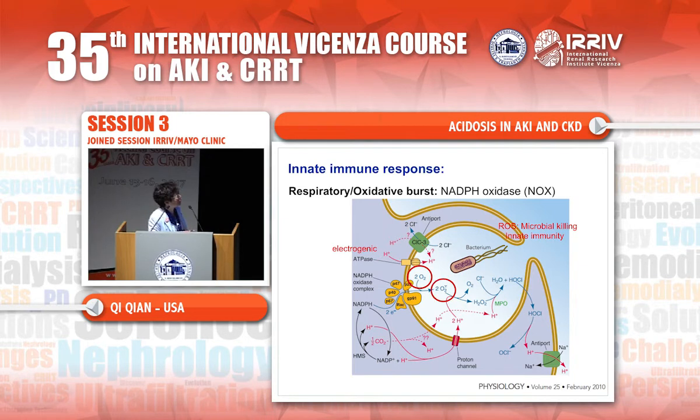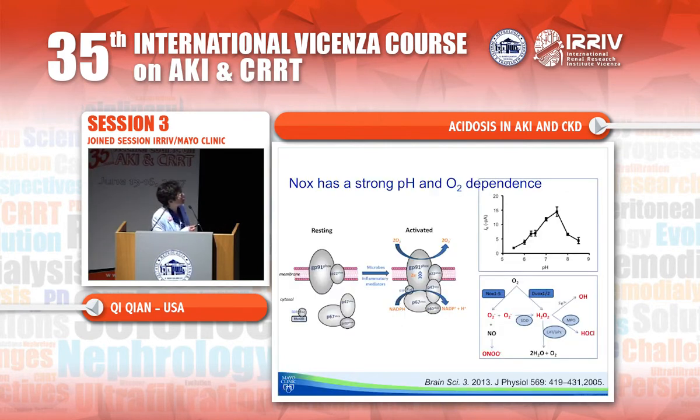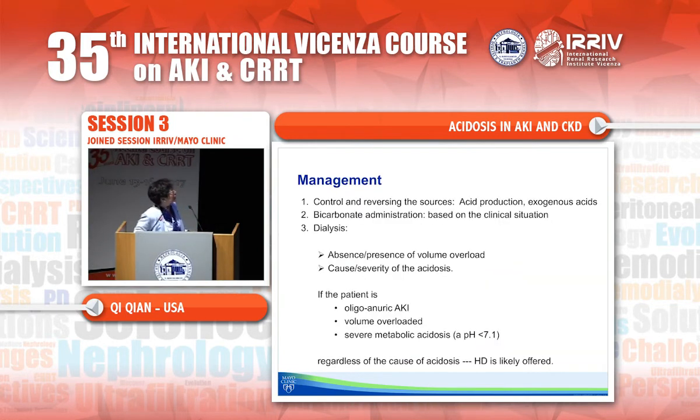In the phagocytic cup, you need lots of oxygen. That's why in patients with impaired microcirculation and interstitial edema, these defense mechanisms will be compromised. More importantly, if the patient has a low pH, this NOX will be completely paralyzed. And so you have a compromised innate immune response to fight against the infection.